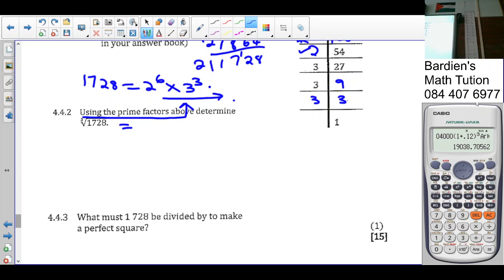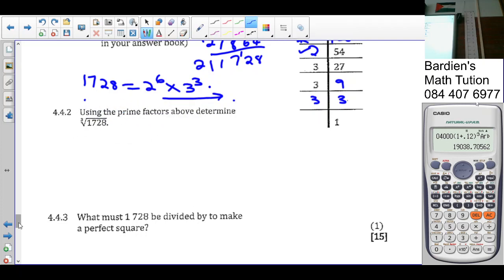They could have said, hence. Hence means to say you must use what was calculated before. You guys understand?